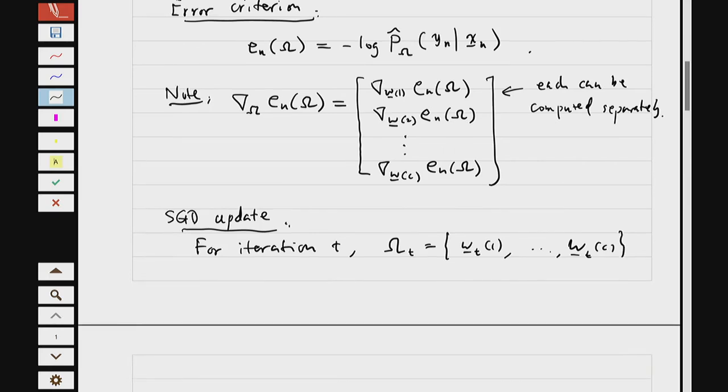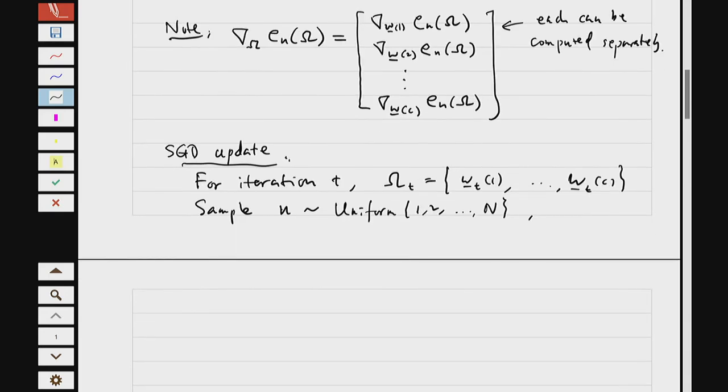Then you just sample one of the data points uniformly. This tilde means that you sample it from this distribution, uniform over 1, 2, up to n. Pick one.